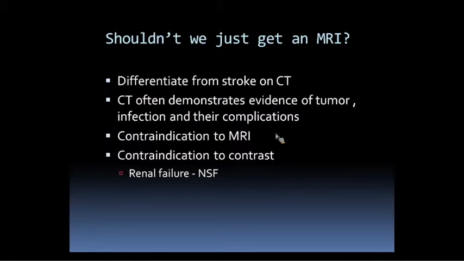And of course, there are some patients that can't get an MRI and can't get contrast, especially in recent years. There's much more awareness about NSF, nephrogenic systemic fibrosis, and so some patients don't get contrast for that reason now, which never used to be the case.